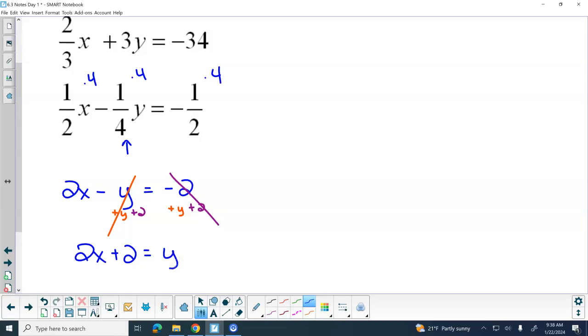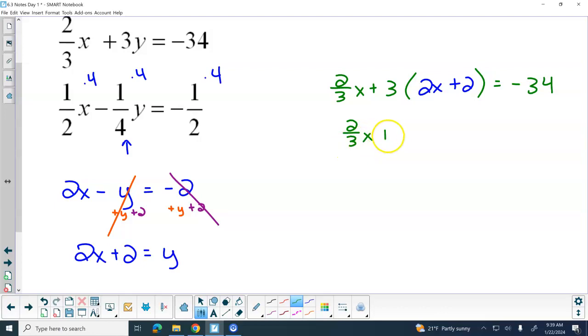So now we can plug that back into the other equation. 2/3 x plus 3 times (2x plus 2) is going to be negative 34. Two-thirds x plus 6x plus 6 is negative 34.